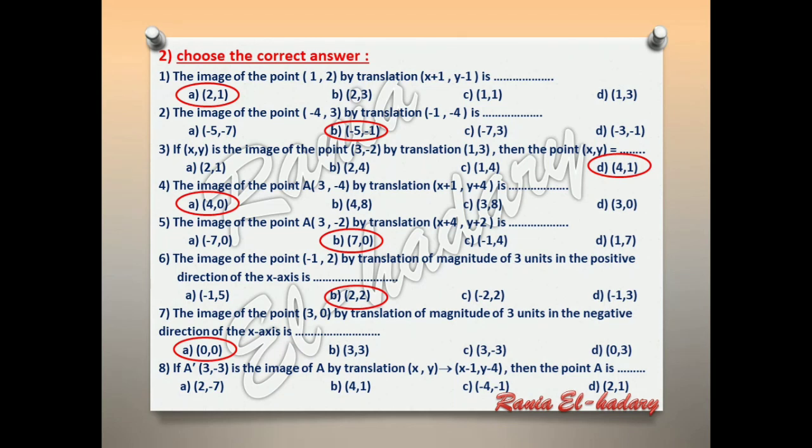Subtract the image minus translation. So, 3 minus negative 1. Yes, 4. Negative 3 minus negative 4 equal 1. So the answer is 4 and 1.